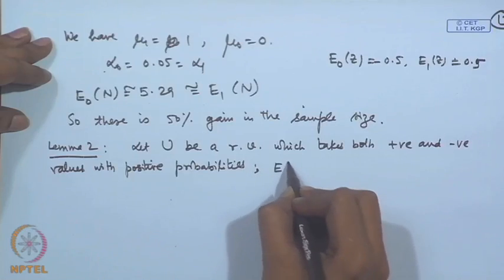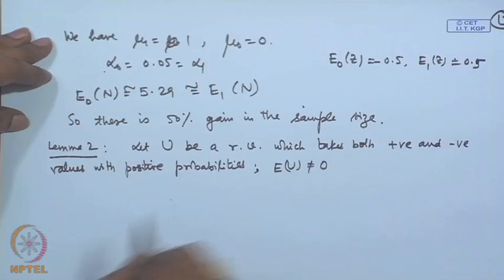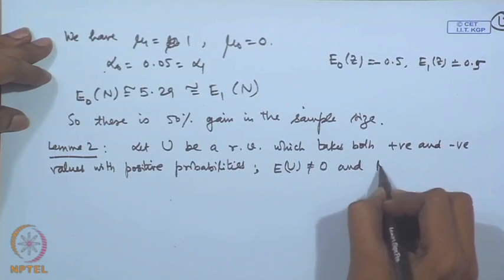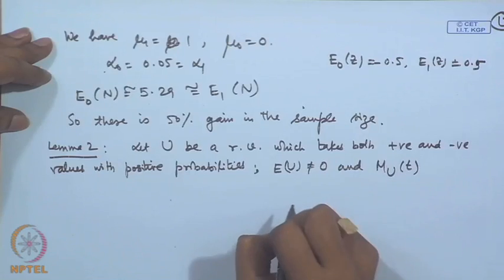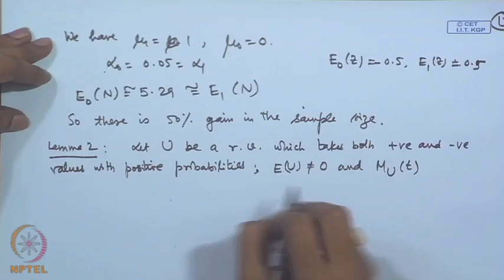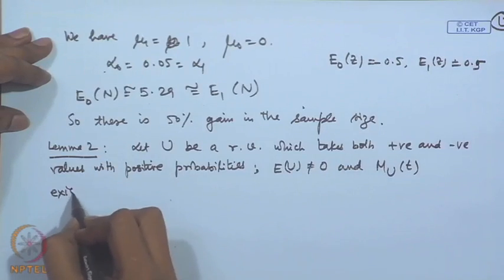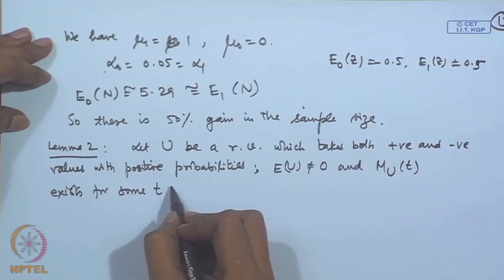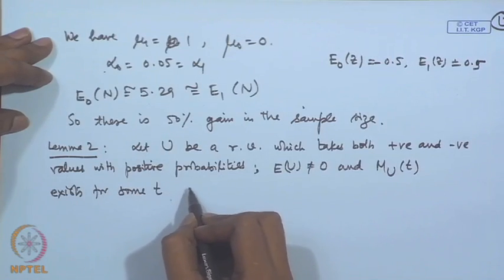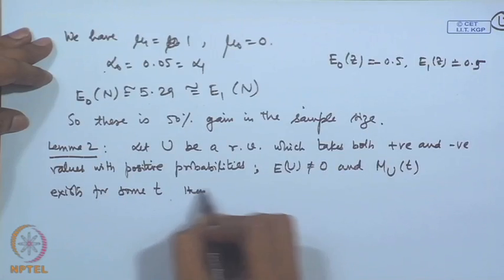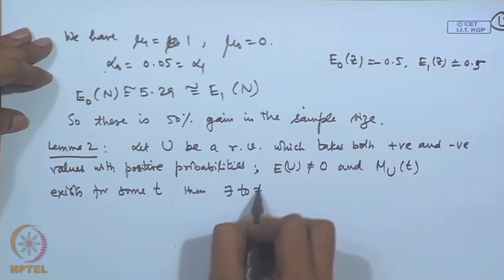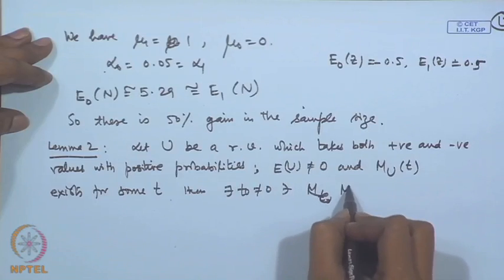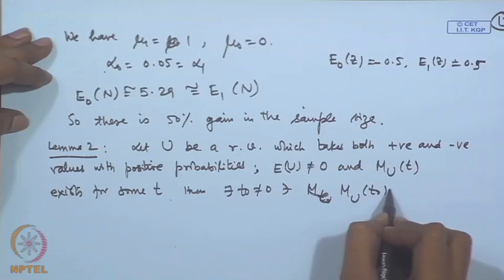And the random variable does not have 0 mean, and also suppose the moment generating function of u exists for some value of t, then there exists t naught which is non-zero, such that the moment generating function is equal to 1.